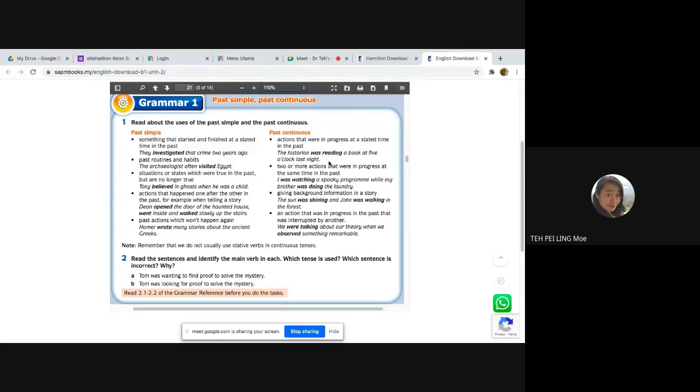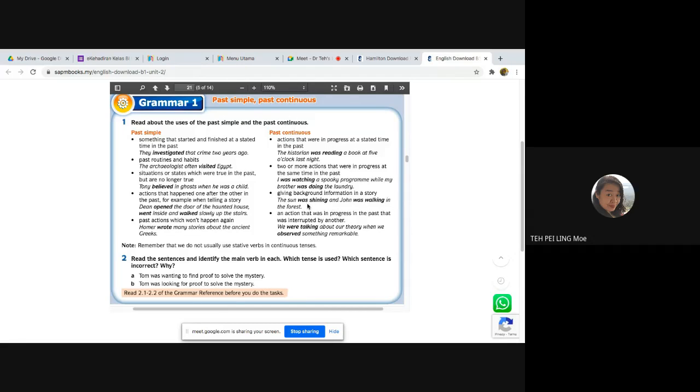Next, 2 or more actions that were in progress at the same time in the past. For example, I was watching a spooky program while my brother was doing the laundry. Okay? 2 actions doing. Giving background information in a story. The sun was shining and John was walking in the forest.